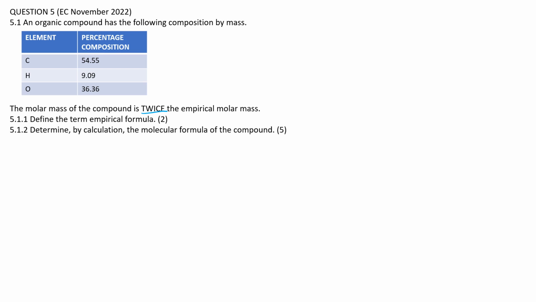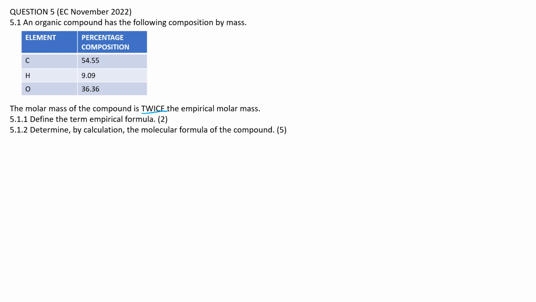In other words, the molar mass of this compound is twice the empirical molar mass. For example, if the empirical molar mass were 2 grams per mole, the molar mass of the compound would be 2 times that, which is 4 grams per mole.